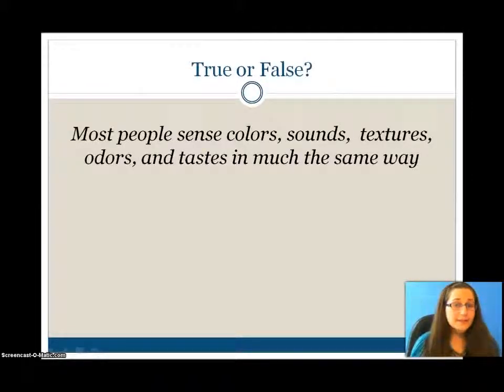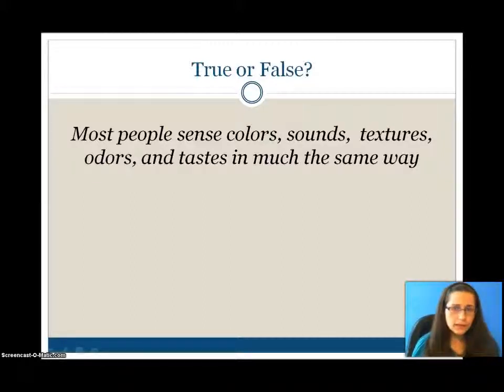Now, with this idea of sensation and perception, we just want to make sure that we're very clear as to whether or not most people sense colors, sounds, textures, odors, or tastes in much the same way. As you're looking at this question, you're like, okay, most people look at things the same way.